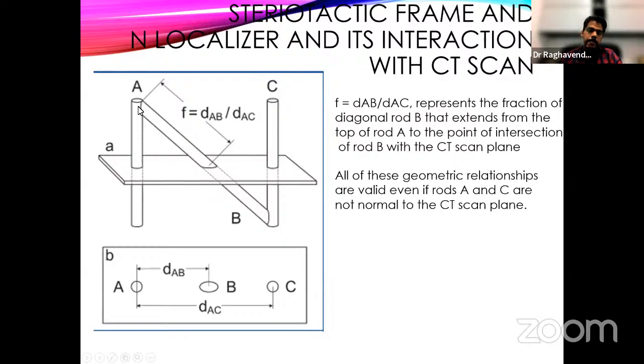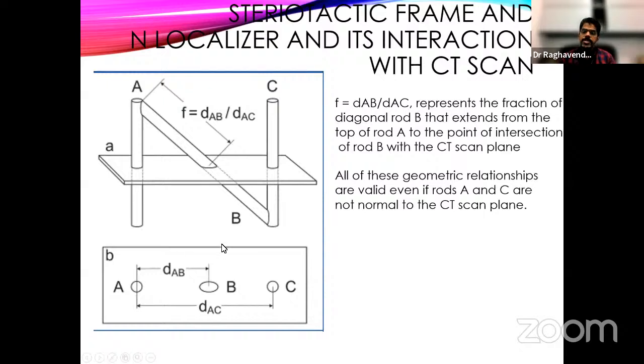In my CT scan, see, position A and position C are fixed on the localizer, and if I take a CT scan in this plane, A and C are fixed, but this slanted line, which is why it's called an N frame, this is B. B is different for different slices. If I take the ratio of the distance AB divided by AC, that varies, and it represents the fraction of the diagonal rod B that extends from the top of rod A to the point of intersection of rod B with the CT scan plane.